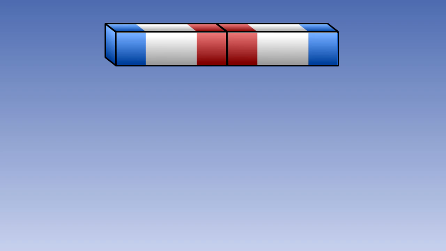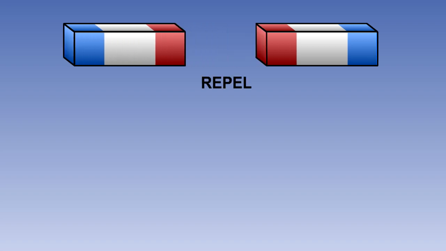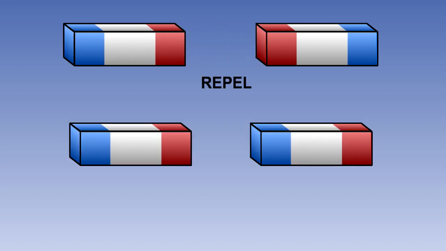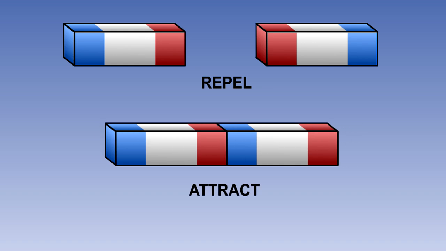The next thing we need to look at is how a magnet reacts in the presence of other magnets. Two magnets, when placed near each other, either repel or attract each other. This unusual behavior is one of the trademarks of magnets.